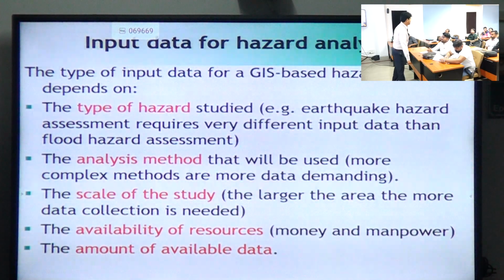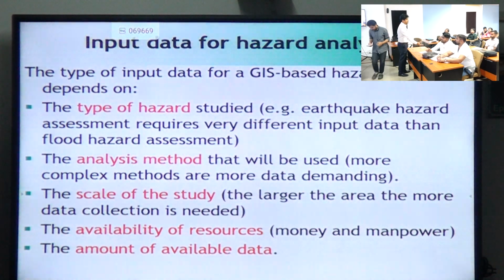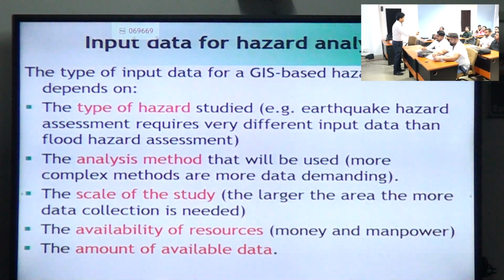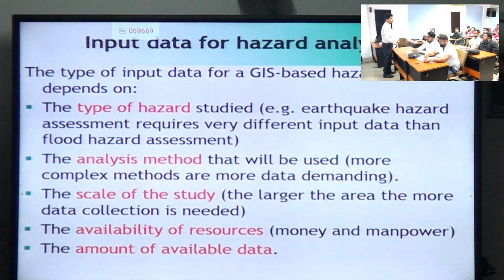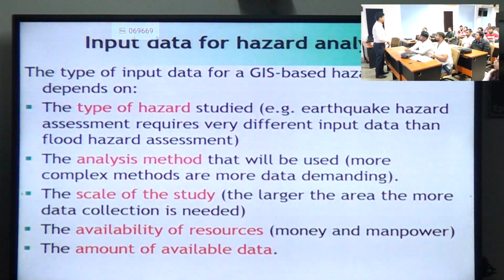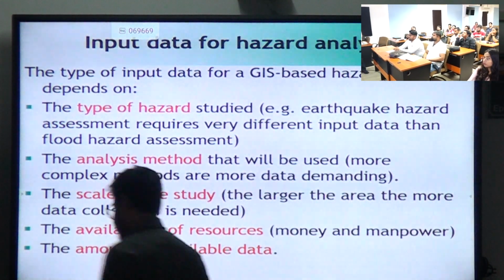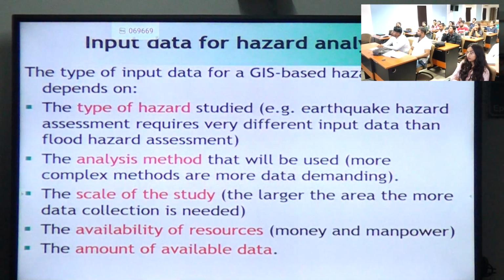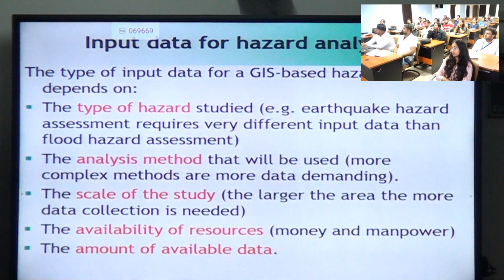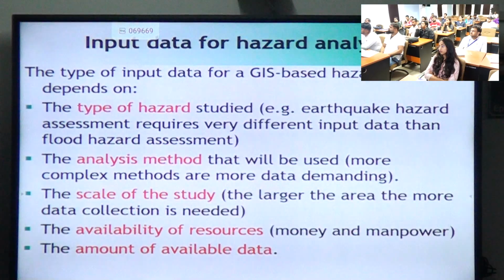Obviously, when you do the flood hazard assessment, you have the traditional hydrological modeling, then you have the flood hydrodynamic modeling, and so on. But nowadays we also use machine learning based modeling. Sometimes, depending on the complexity, we use more complex models.